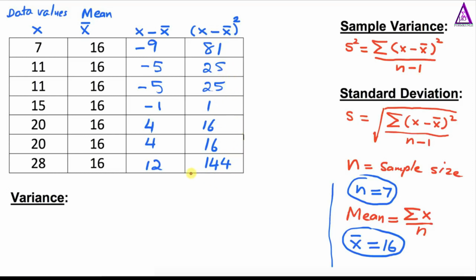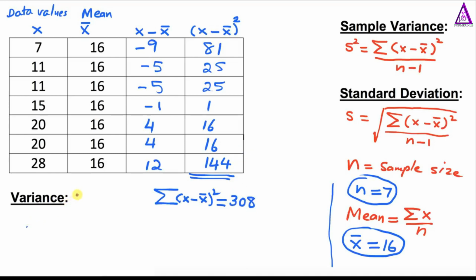So the next step is to add all the values of the last column together, which is the summation of (x minus x bar) squared, giving us 308.